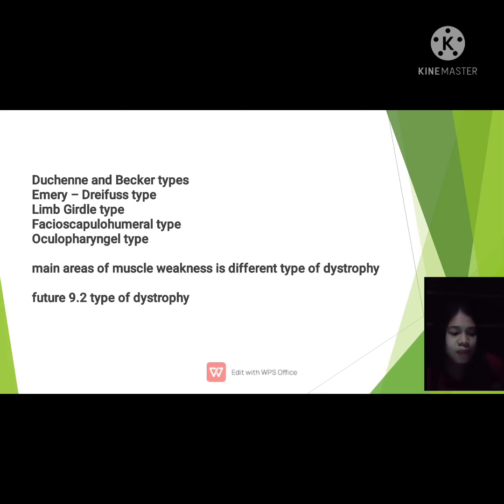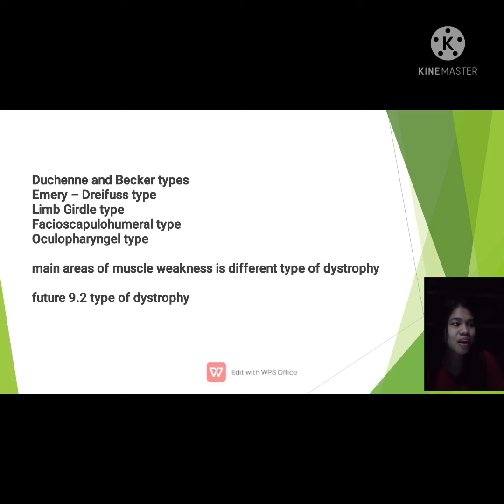Okay, next. Emery-Dreifuss muscular dystrophy is a condition that primarily affects muscles used for movement, skeletal muscles, and the heart, cardiac muscle. Okay, next, limb girdle type is caused by mutations in CAPN3 gene. Type 2A is the most common form of limb girdle muscular dystrophy, accounting for about 30% of cases.